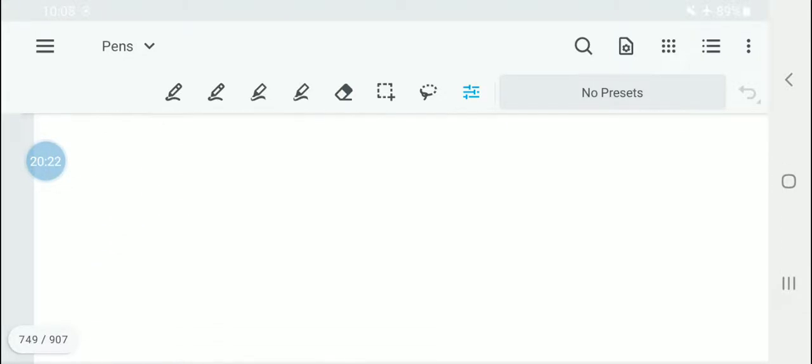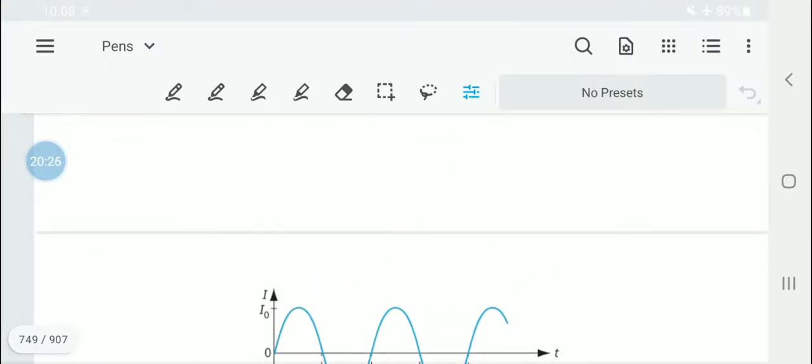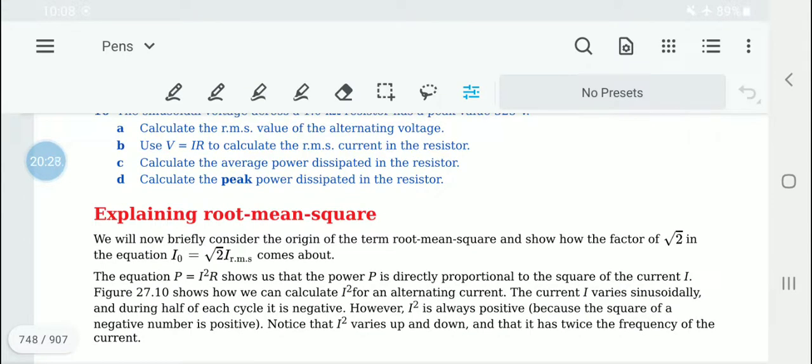To figure out how RMS values have a root 2 factor in it, we need to consider the following situation.